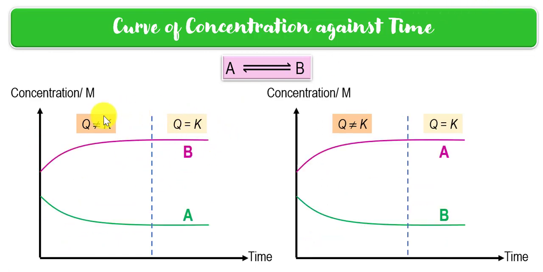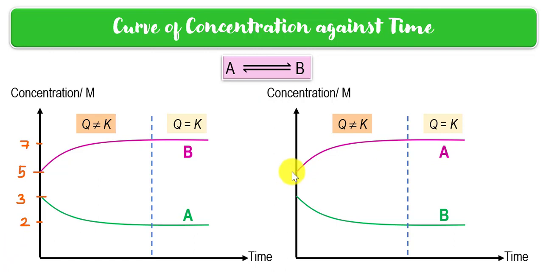Another curve that we might obtain is like this. Let's say we start B here at 5 molar and we have A here at 3 molar. B will reach equilibrium when the concentration is, let's say, 7 molar, and A reaches equilibrium when the concentration is 2 molar.